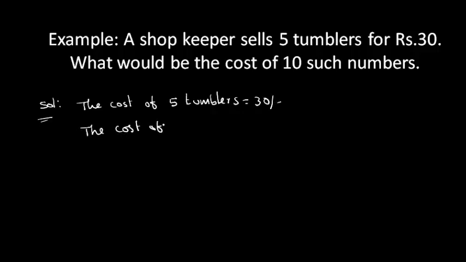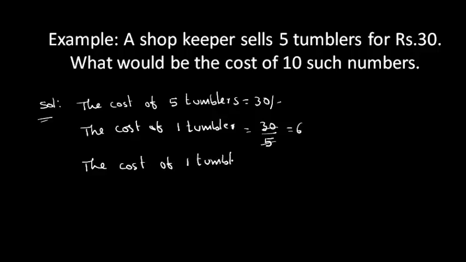The cost of one tumbler equals 30 by 5. 5 divides 30, 6 times. So the cost of 1 tumbler equals 6 rupees.